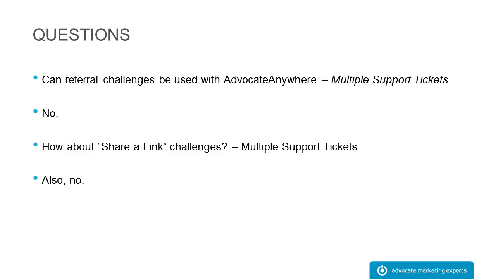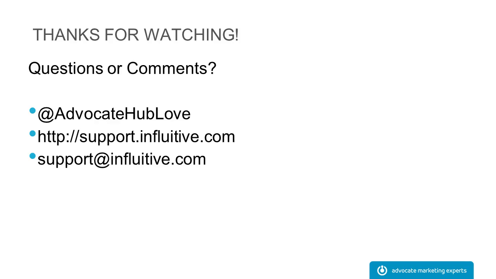If they're logged in and that challenge is targeted to them, all the same targeting rules that apply to challenges within the hub are also applied to challenges in AdvocateAnywhere. Like I said, they would have to be logged in to see that challenge. So it looks like that's all of the questions, and I'll get back to you, Chris, later on two of those things.